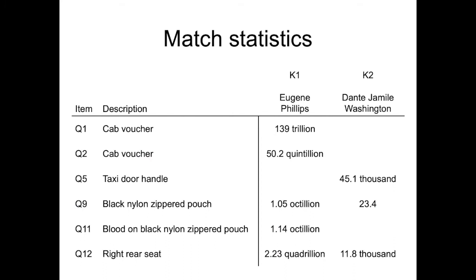Most of the match statistics to the victim, except one, were known to the crime lab. The new information we found was the match statistics to the defendant on the door handle, on the cards, on the seat, and also showing that there was a mixture that contained both of them. So that's the evidence we were talking about in this case.